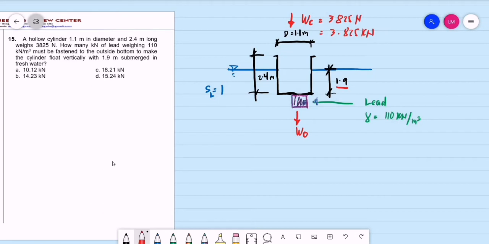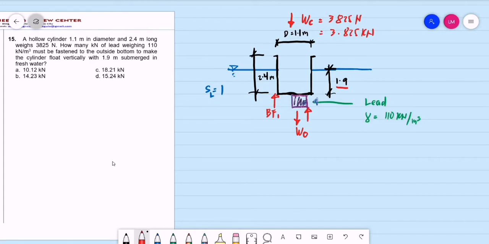So the cylinder will float, having the lead attached to its bottom. Take note, we have two objects exposed to water. So therefore, we'll be having two buoyant forces. What are those buoyant forces? Let's say we have buoyant force number 1, that is the buoyant force for the cylinder.